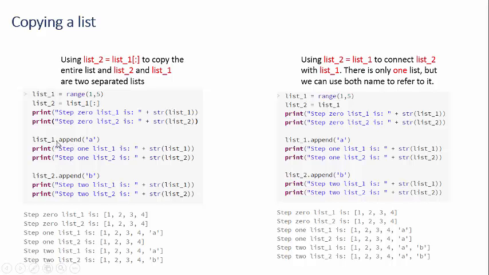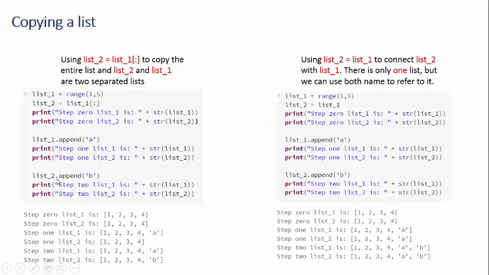We know it's going to have 5 elements now, but what happens to list_2? Let's look at it. We print out list_1 and list_2, and as expected, list_1 now has an additional element, and list_2 is still the same.